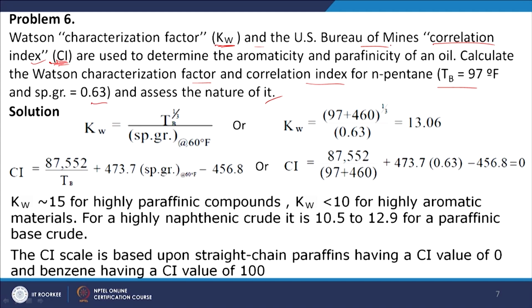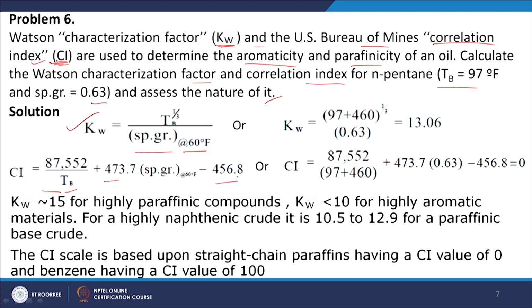The objective was to measure the aromaticity and paraffinicity of any oil. Kw is determined by the formula Tb to the power 1/3 divided by specific gravity at 60 degree Fahrenheit, and CI is defined by the US Bureau of Mines as 87,552 divided by (Tb plus 473.7) plus 473.7 into specific gravity minus 456.8.